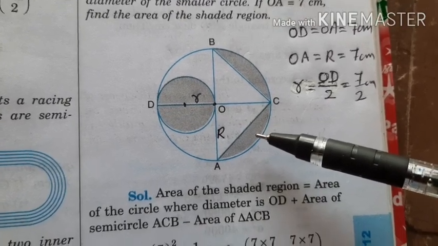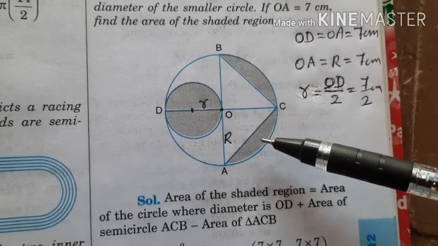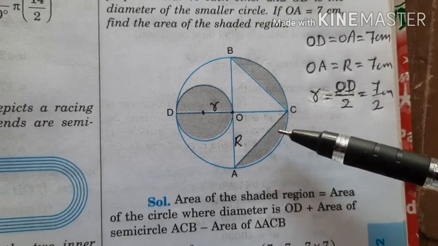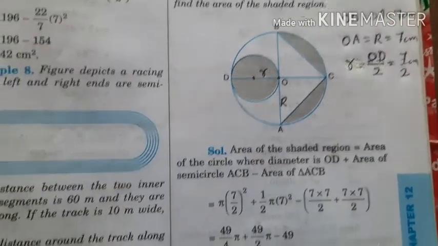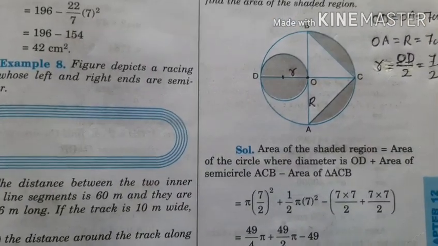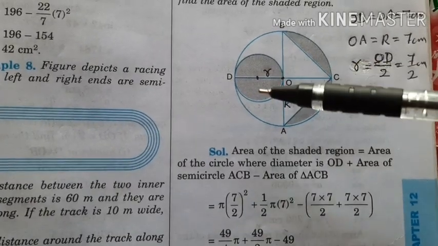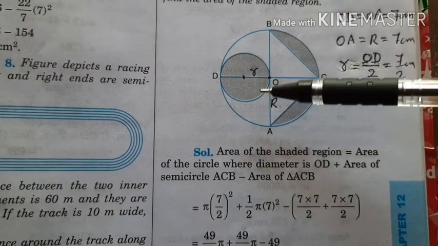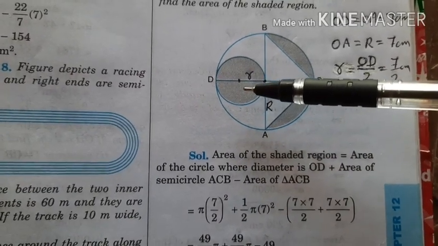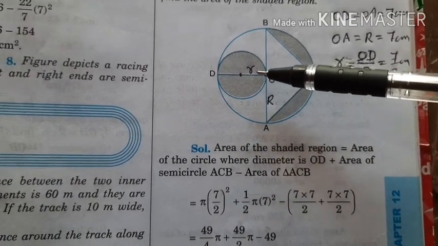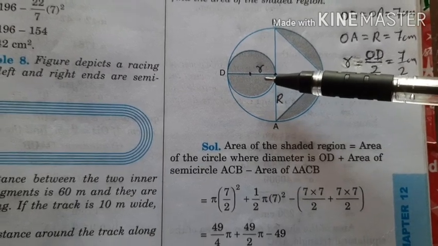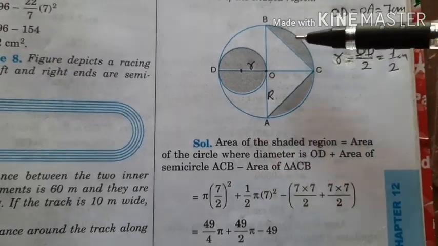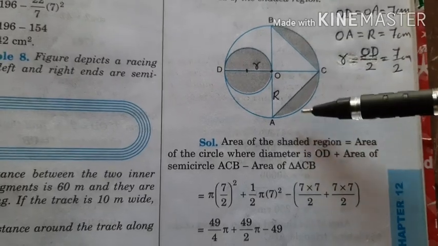What is the formula to find out the area of the shaded region? Here we need to find the area of the shaded region, that is the area of this circle with radius small r equal to 7 by 2 centimeter, and the area of these two segments.